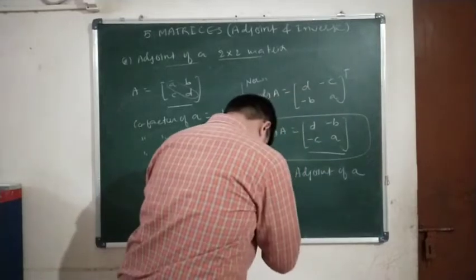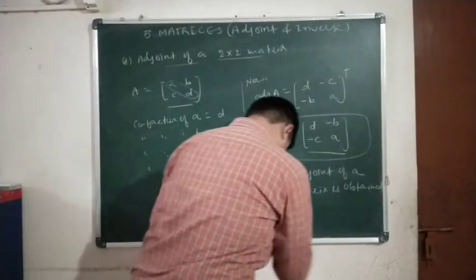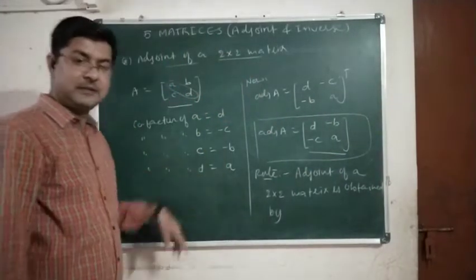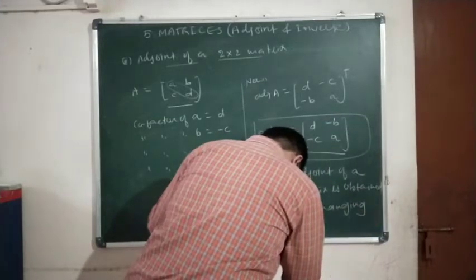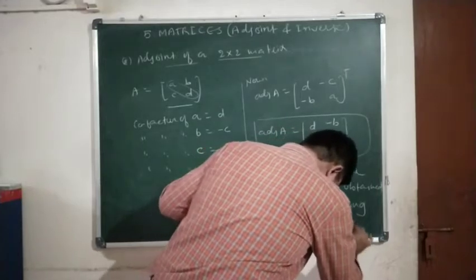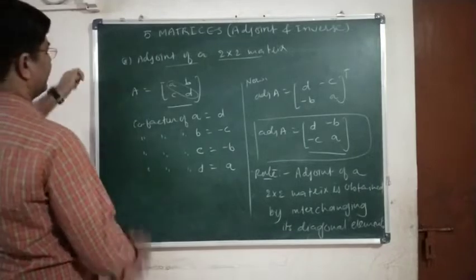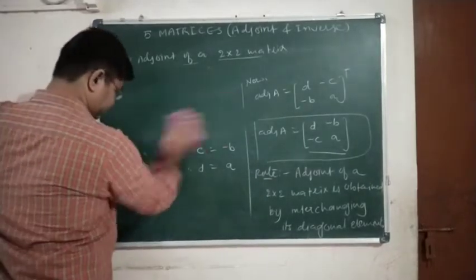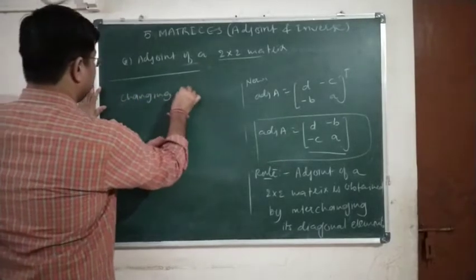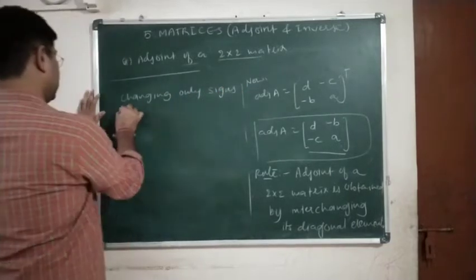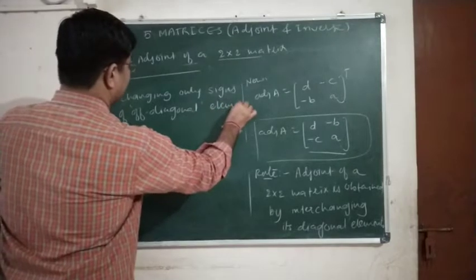The adjoint of a 2 by 2 matrix is obtained by interchanging its diagonal elements and changing only the signs of the off-diagonal elements.